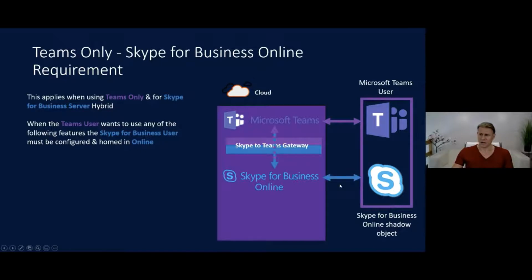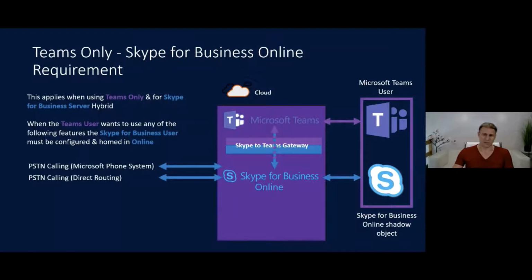So when do you need this account? Everything that has to do with PSTN calling, Microsoft Phone System. Also when you want to use direct routing, so numbers from Microsoft, but also for direct routing, you need this Skype for Business Online instance in place.